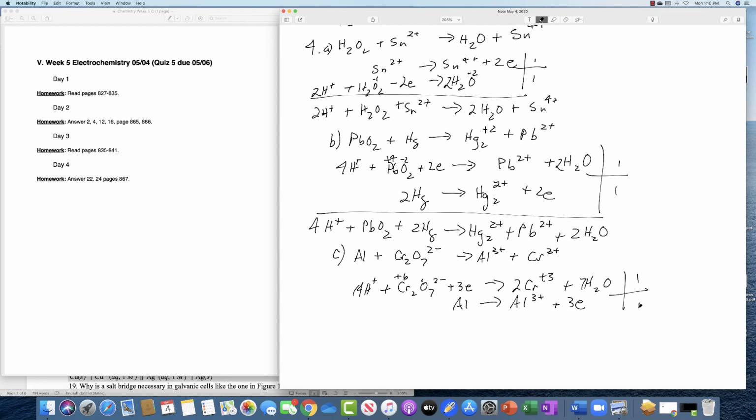And again, the electrons balance out, so what you're left with is 14 H+ plus Cr2O7 2- plus Al goes to form 2 Cr3+ plus Al3+ plus 7 H2O. And so that's the balancing of all 3 of these.